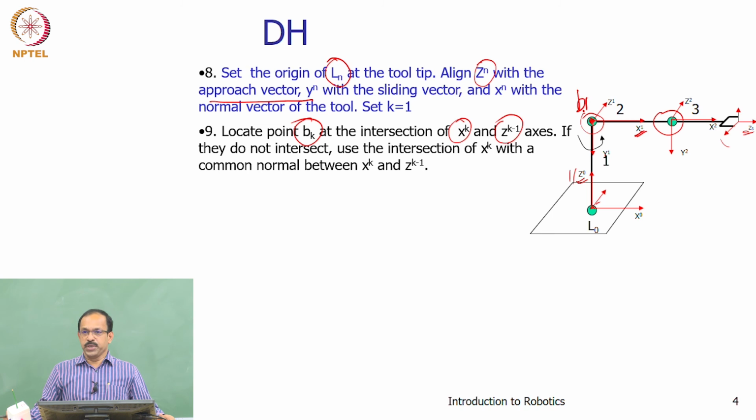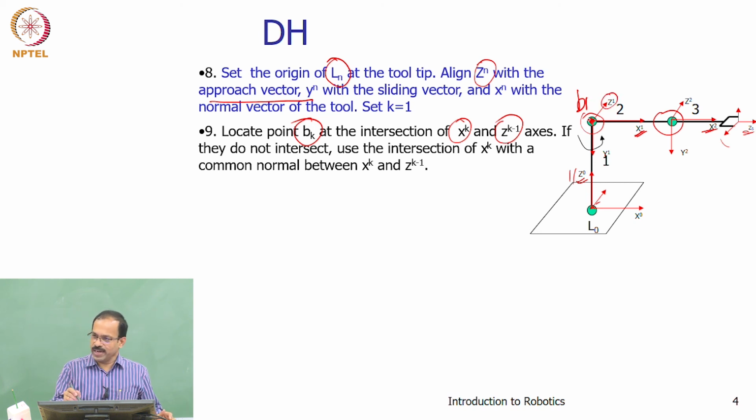Now, if you want to find B2, where will B2 be? X2 and Z1, where are they intersecting? This is X2, this is Z1.